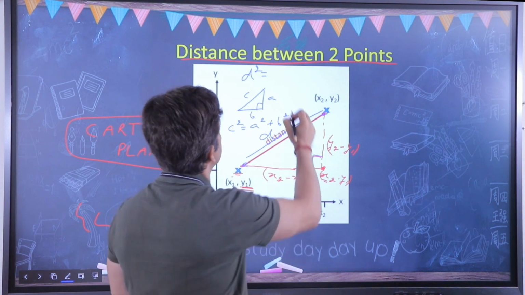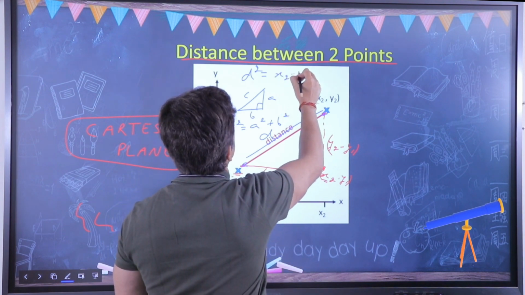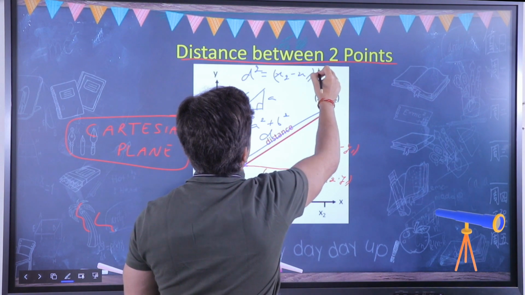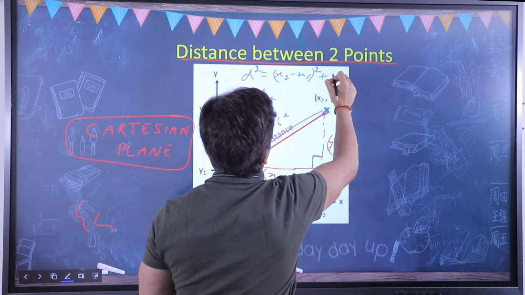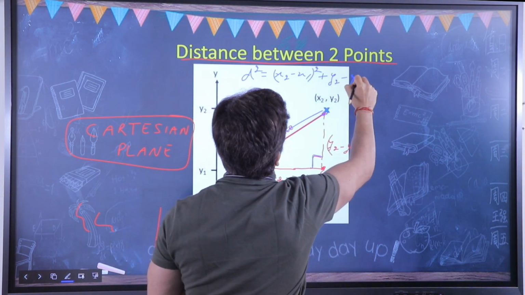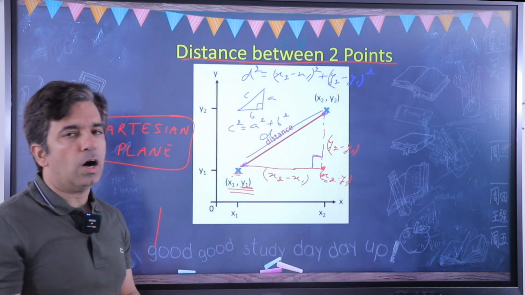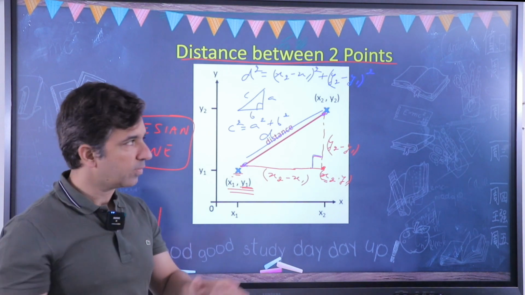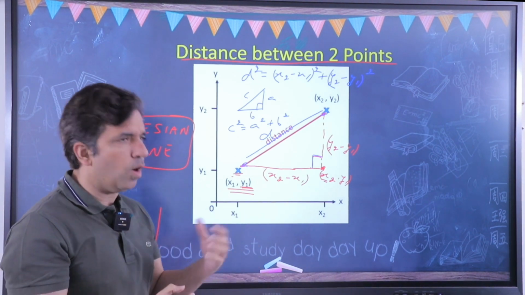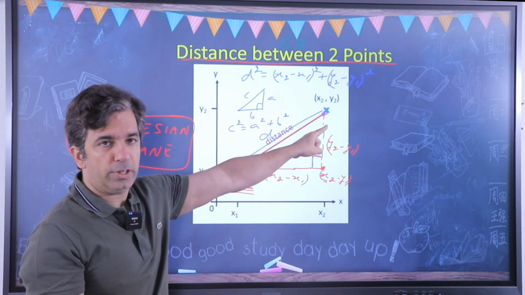A square means x2 minus x1 whole square, and B square means y2 minus y1 whole square. So just now, by our basic understanding, we have actually created the formula for distance between 2 points.